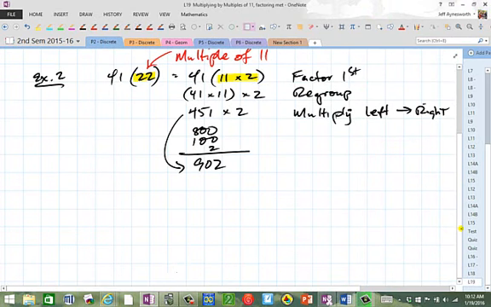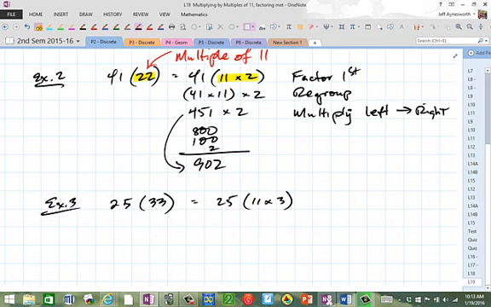Let me show you a couple more. Let's say 25 times 33. 33 is a multiple of 11. So 25 times 11 times 3. Notice that I just factored the 33. Then multiply 25 times 11.